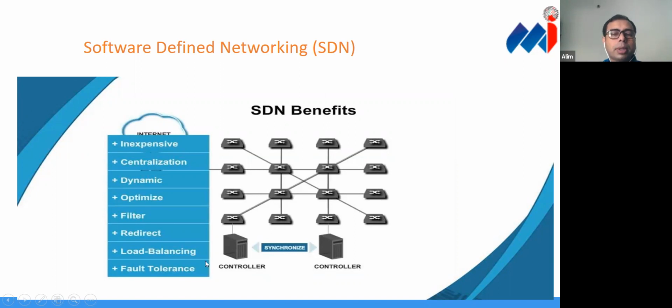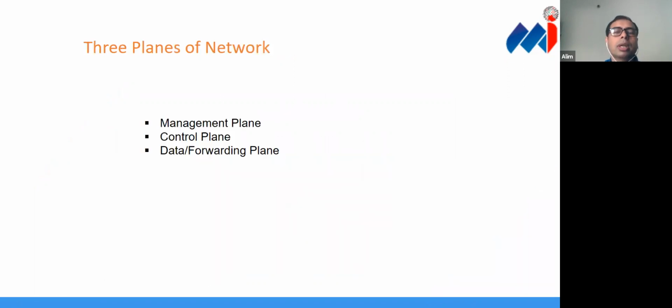This type of network can load balance traffic because in a traditional network, if we use layer 2, there is spanning tree protocol. Spanning tree protocol blocks some links to prevent loops. But in this type of architecture, all the links are utilized in a load balancing manner, and it is fault tolerant. That means if one link is down, it will dynamically reroute traffic to other links. So it is fault tolerant.